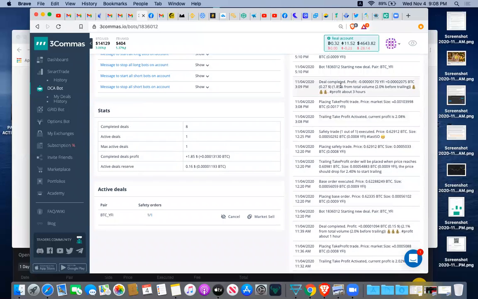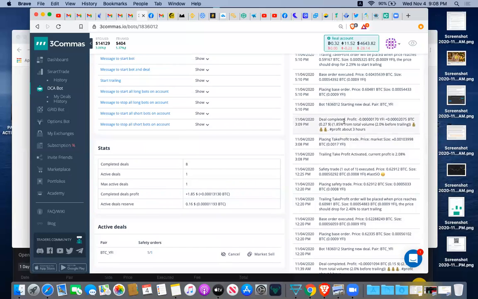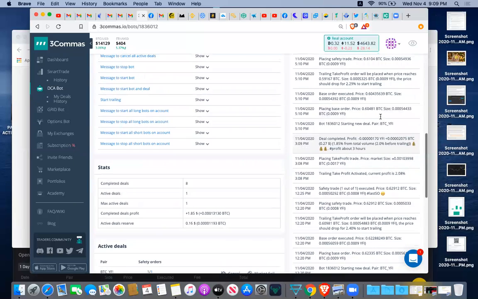Now, deal completed, with profit at this rate, $1.85 from total, before trailing. Profit in about 3 hours. Both starting new deals.